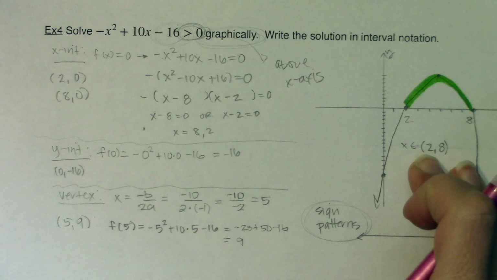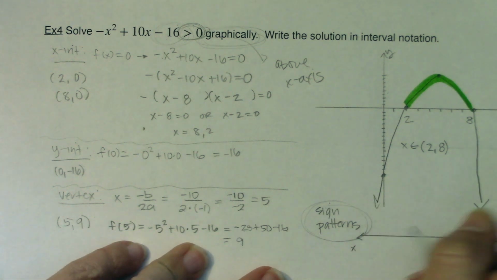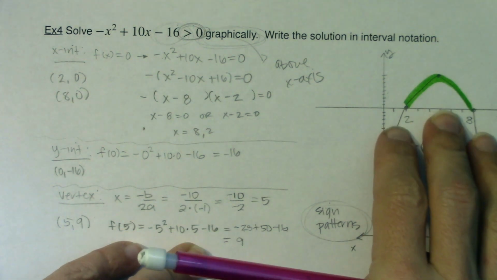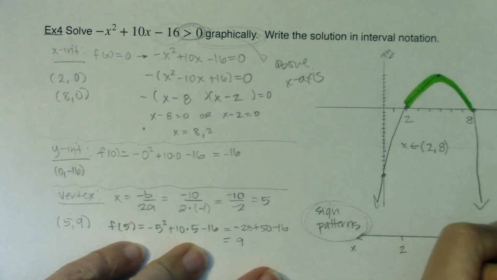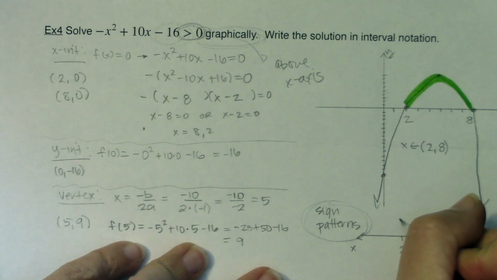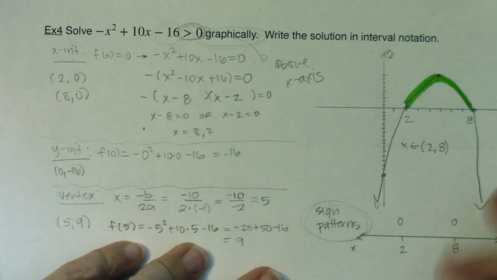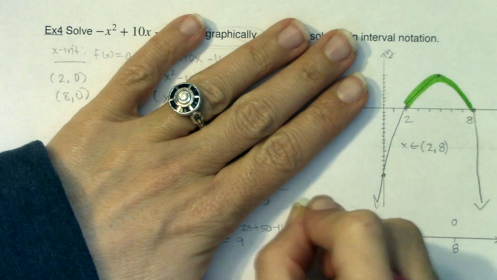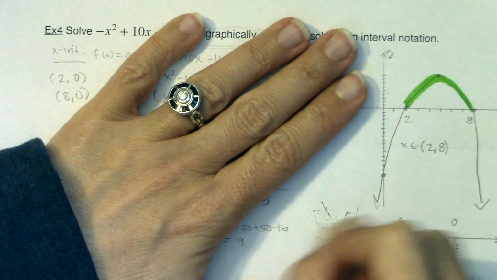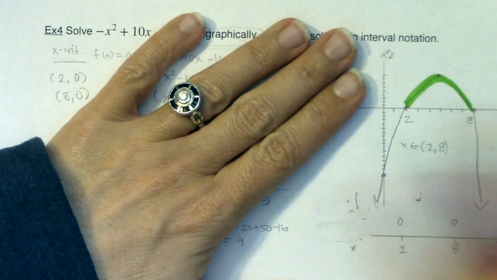And what we typically do is label our x coordinates down here, and for this particular graph, I would put a 2 and an 8.